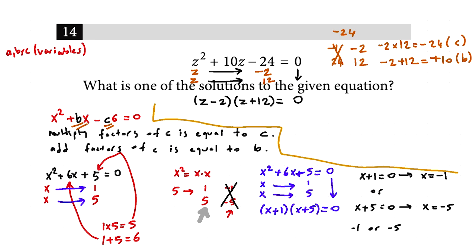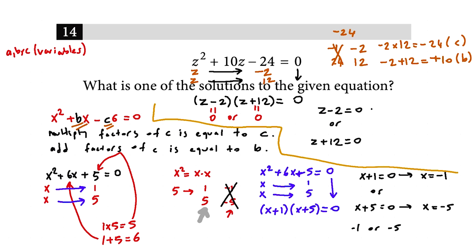So we have two options here: either z minus 2 is equal to 0, or z plus 12 is equal to 0.